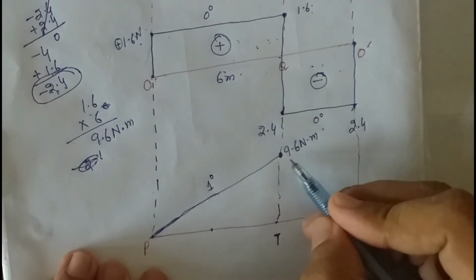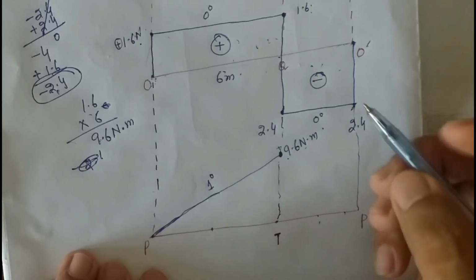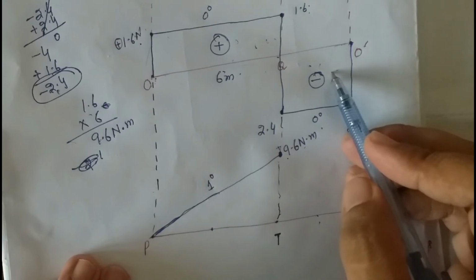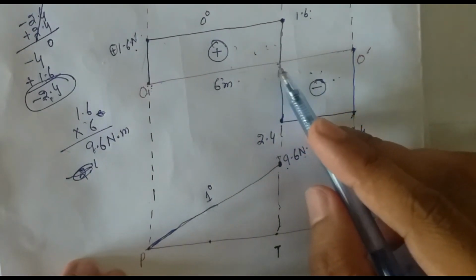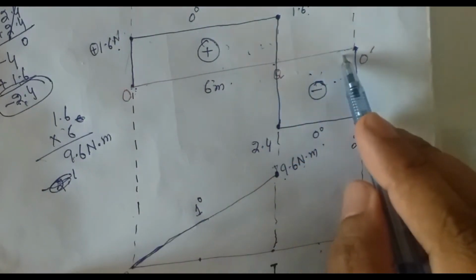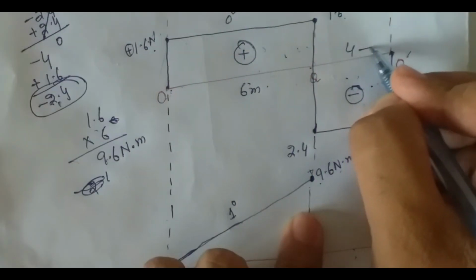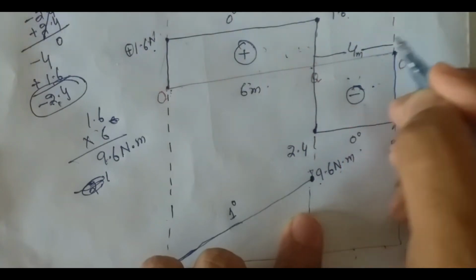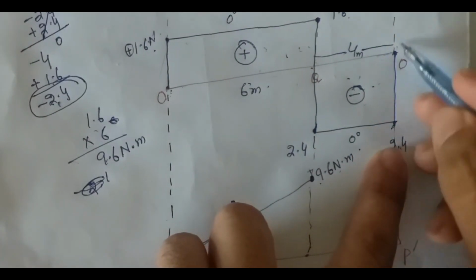Now this value is 9.6 Newton meter and this value is positive, but look at this rectangle. The area of this rectangle will be negative because this rectangle is below the reference line. The area of this rectangle will be length multiplied by width. The length is 4 meter and the width is 2.4 Newton.